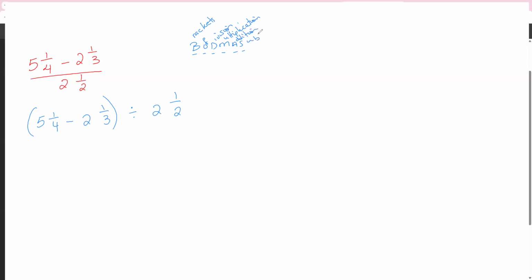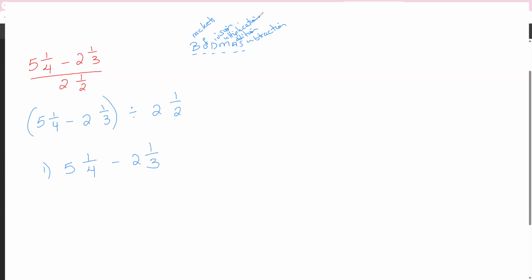Right, so it shows the order in which things are done. So we're going to do the brackets first, right? So B means whatever is in the brackets, we work that first, right? So that means we're going to work 5 1/4 minus 2 1/3.